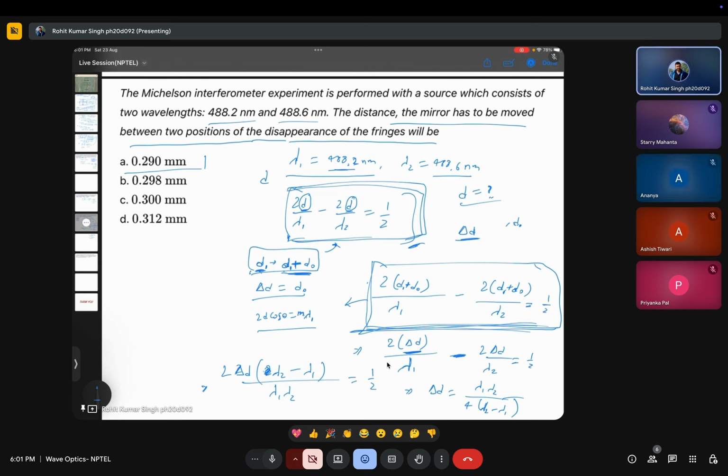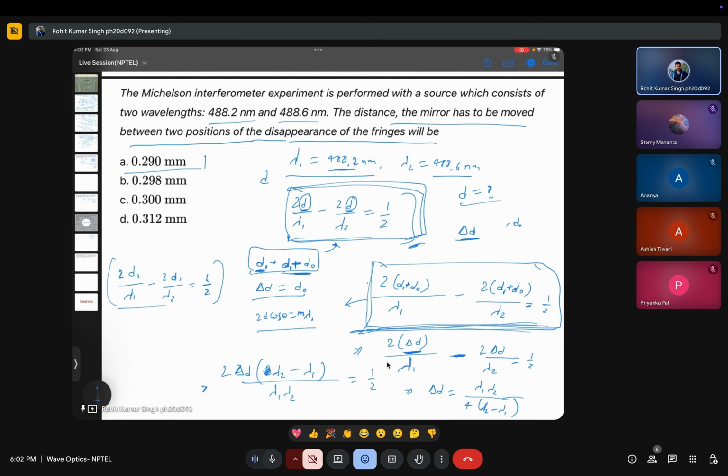So the question is the distance the mirror has to be moved between two positions of disappearance of the fringes. So there will be one condition for d1, half. And when you move to d1 plus d naught, you have another condition, and then you subtract these two.